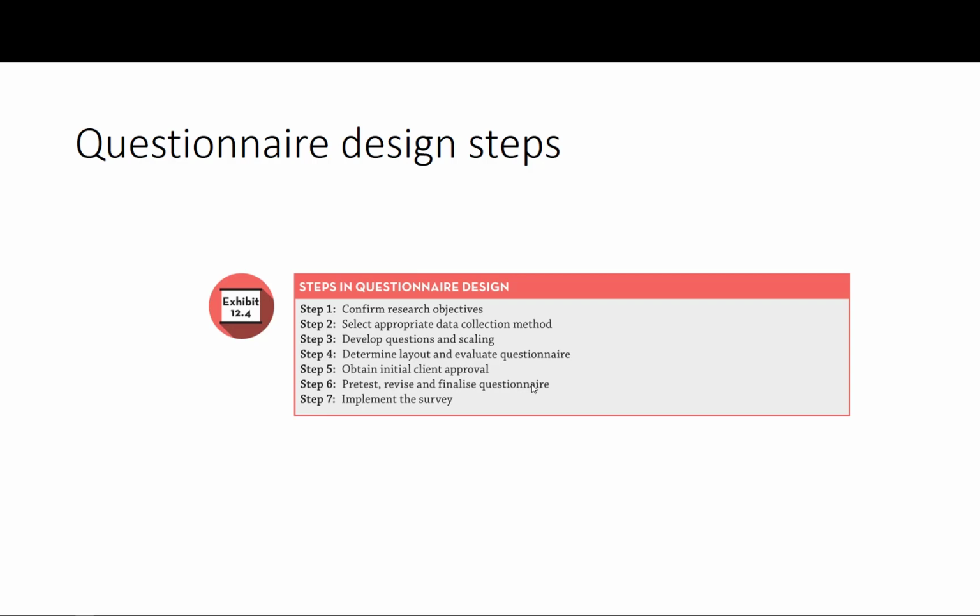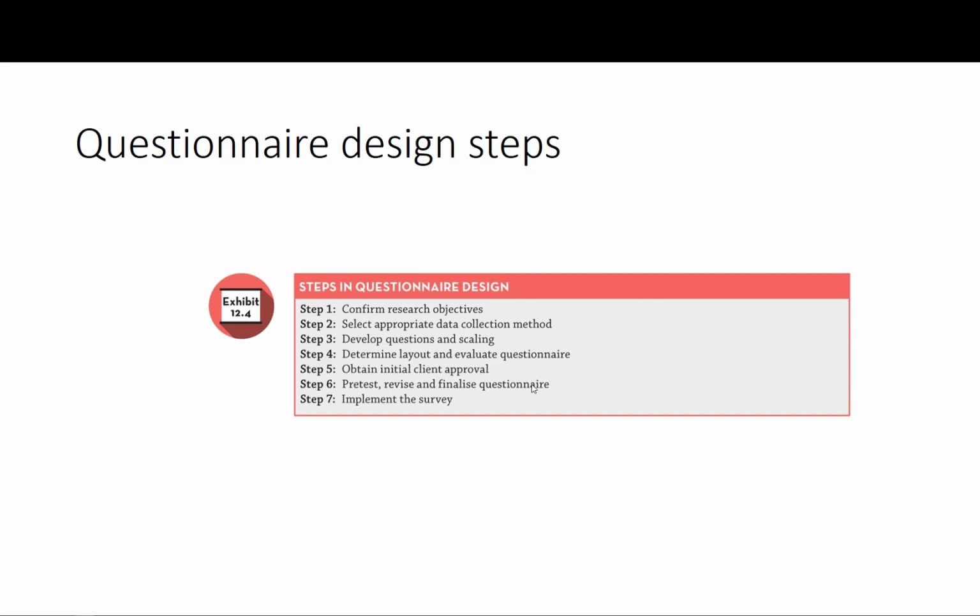Step 3 is develop the questions and the scaling. So this is what variables, as in what constructs, need to be measured and what items need to be included within measuring those constructs, as in the questions that need to be asked, and on what scale you are going to ask them.